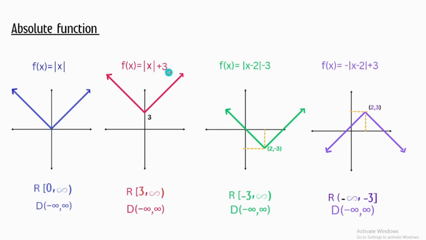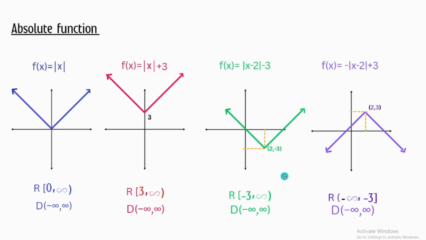If we deal with a function like absolute x plus 3, we start from 3, because we are looking at the y-axis, so the starting point is closed 3 to infinity. If we look at an absolute value like this, we take the y as it is with its sign.